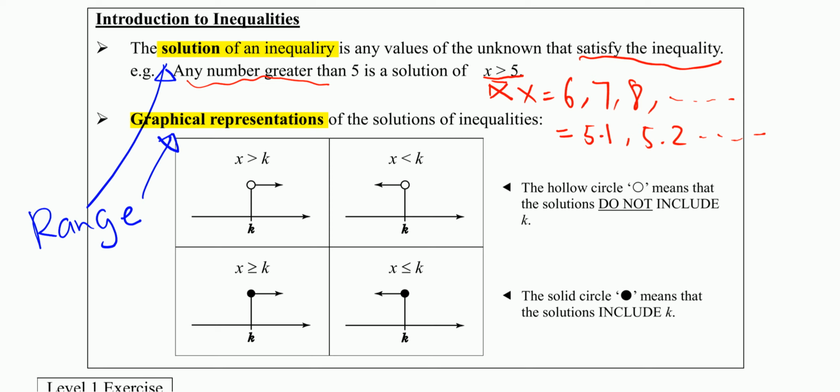First of all, x is greater than k. Second case, x is less than k. Okay, just write down greater than, less than. And case 3, greater than or equal to.